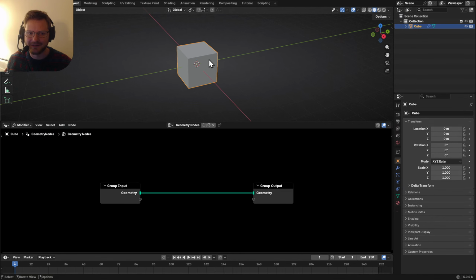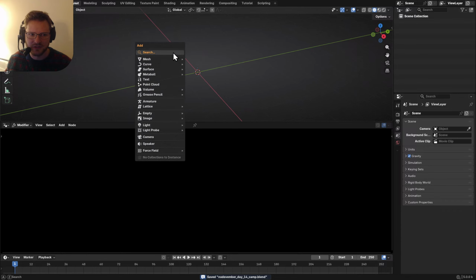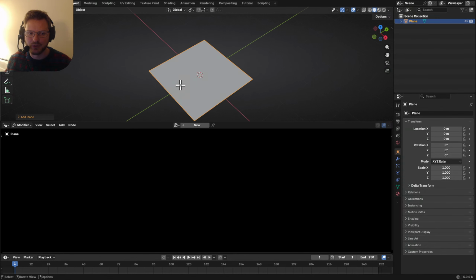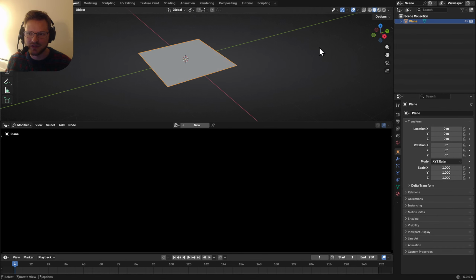I mean, it's inherently more limiting. We'll find out. So if I remember correctly, there's a very specific setup that needs to be done for these. So in this case, I am going to use a single plane, so not procedural, but one face, and everything has to come from this face. So this is going to be our, again, Nodevember day 14 camp.